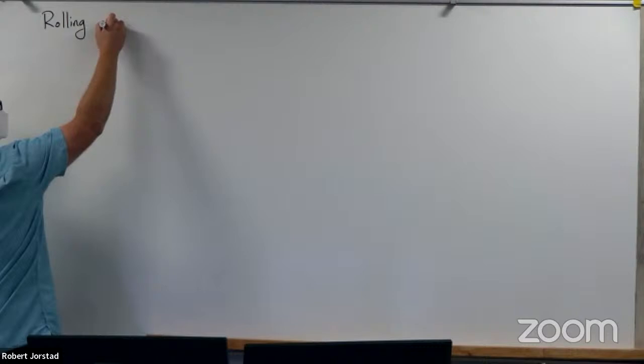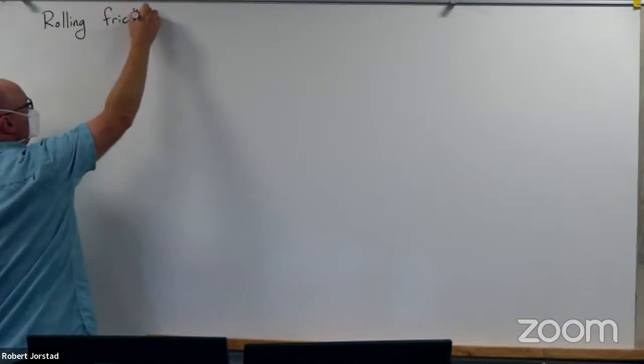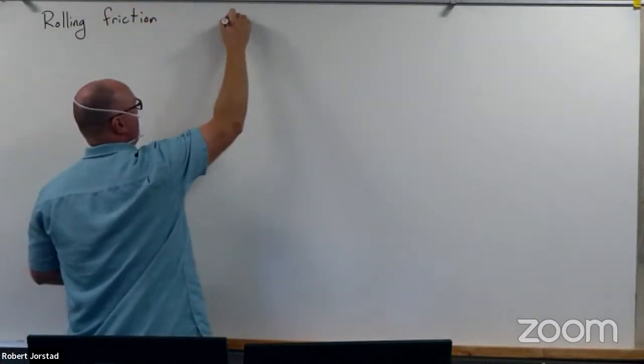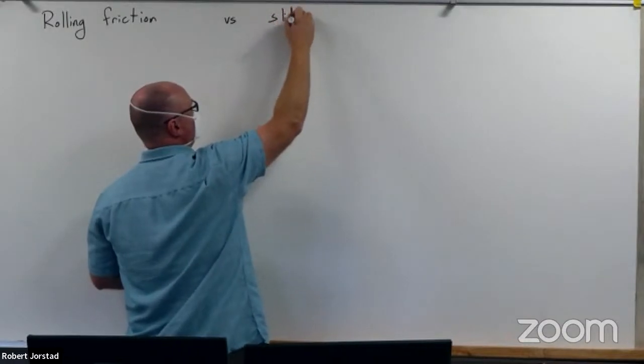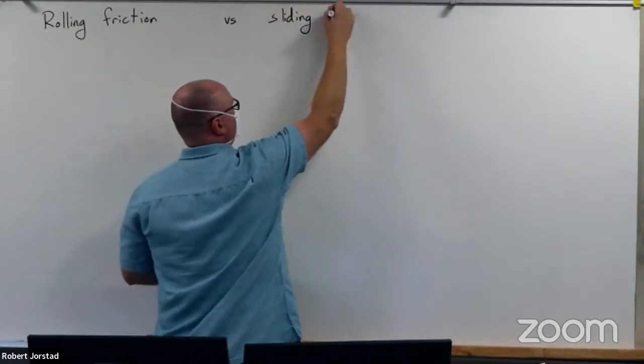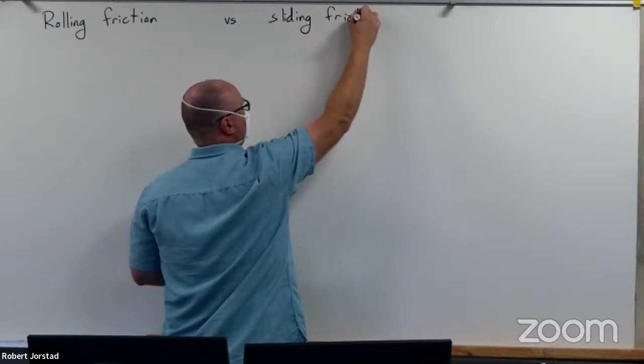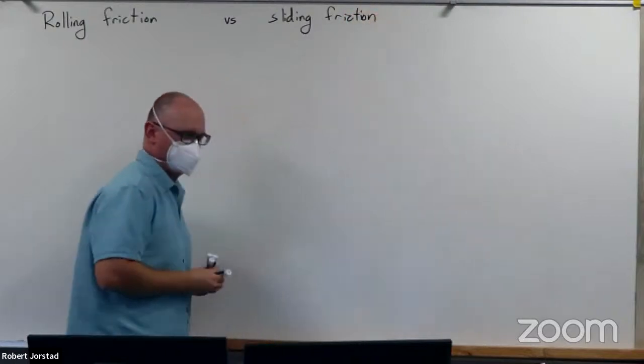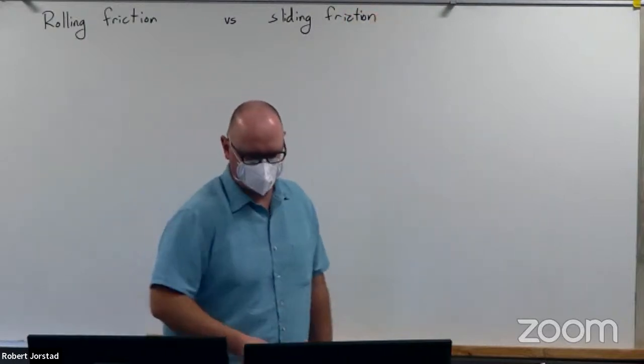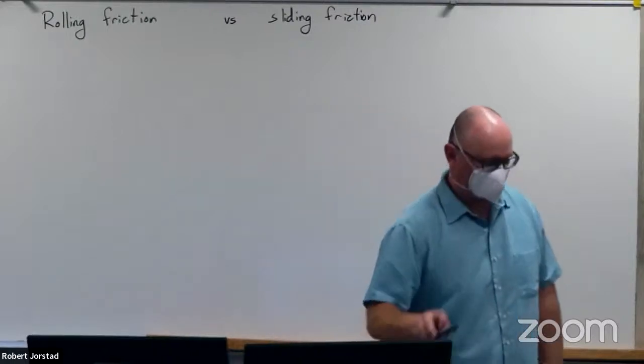Okay. Now, before we understand cars rolling on curves, I want to talk about rolling friction versus sliding friction. Okay. And to do that, I actually want to go to right here.